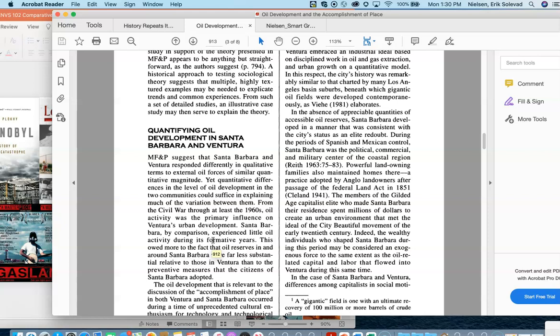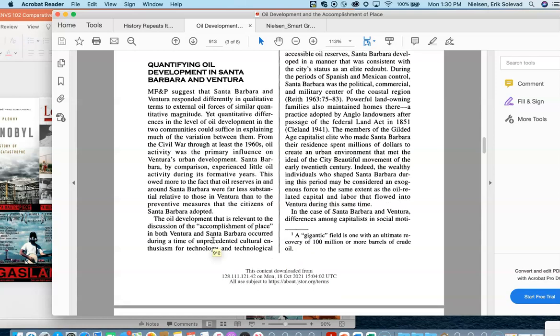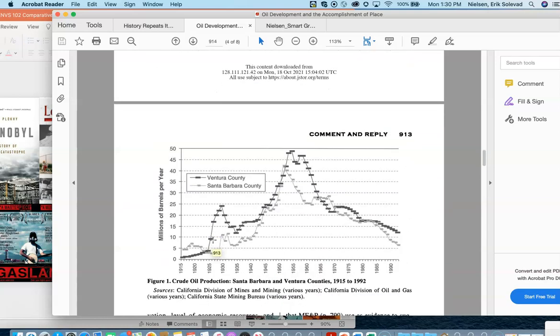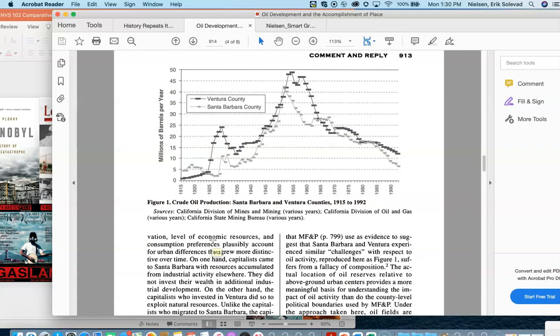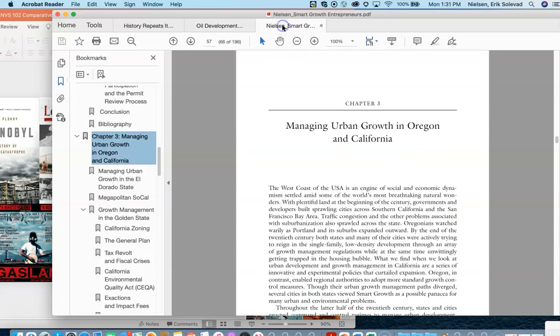For various reasons that have nothing to do with oil development, the cultures look different. So anyway, it's one of those things. You don't have to read either of them, but you're certainly welcome to, especially if you're interested in these topics, or if you happen to live in this region, maybe you want to live here for a while.